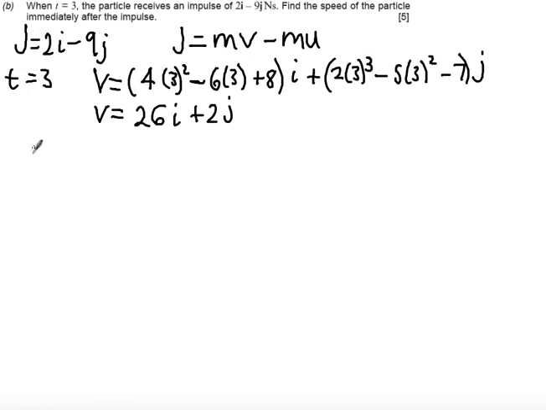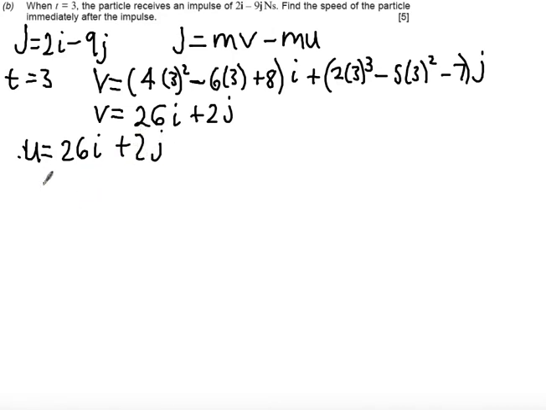Now the important thing to remember here is that this will be equal to u, because this is going to be the starting velocity. So u equals 26i plus 2j.